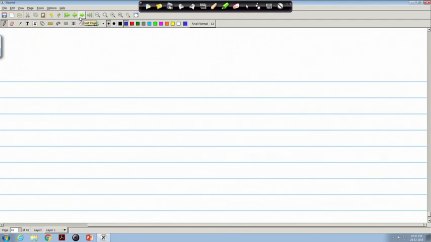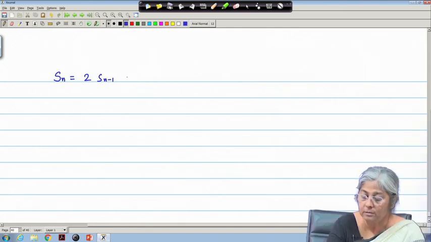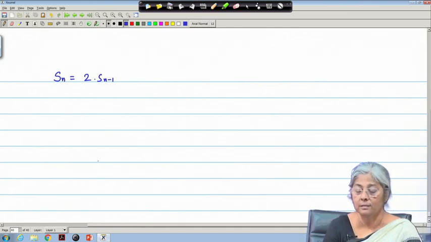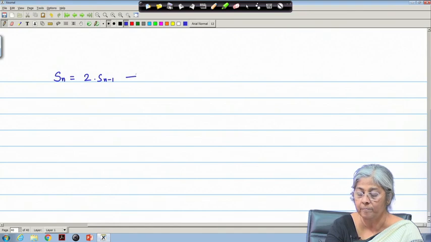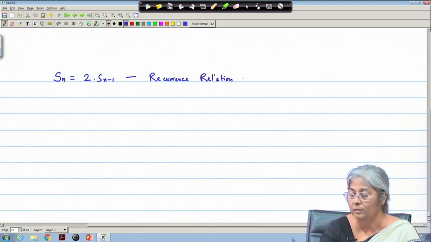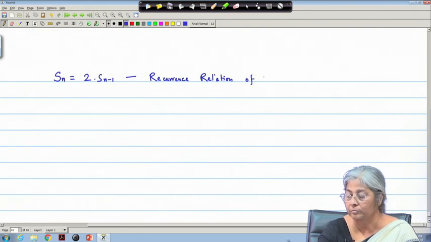Now, already we have seen that S_n equal to 2 S_{n-1}. This is a recurrence relation, and I tell that this is a recurrence relation of order 1.